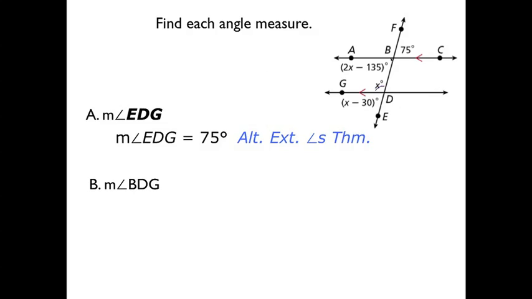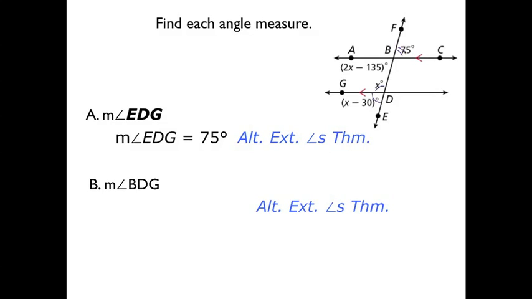But if I go back to what I did in part A, I know that this angle down here is 75 degrees. So what I can do is set this angle x minus 30 equal to 75 degrees, using again the alternate exterior angles theorem, that these two angles have to be congruent.